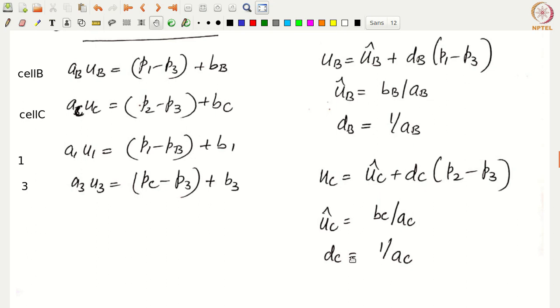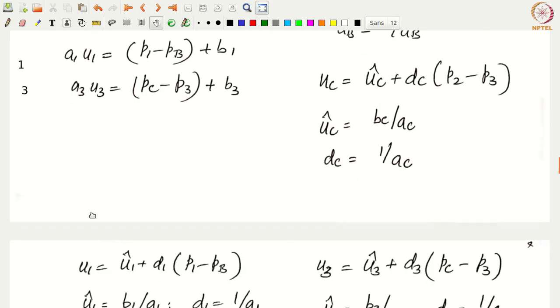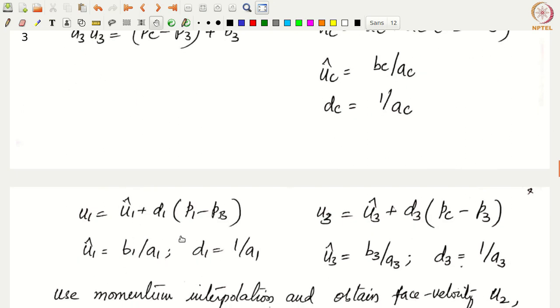Okay, that is clear. Now we would also like to write these two in terms of hat velocities. Then you divide this entire equation with A1. Then you would get an equation U1 equals U1 hat plus D1 times P1 minus P_B, where U1 hat is B1 by A1, and D1 would be 1 by A1, right?